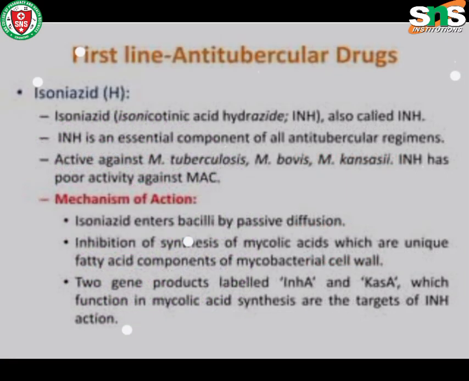Next, treatment. The first line of drugs. For the first 6 months, the patient will take orally antibiotics like isoniazid. The first 3 combination of drugs are rifampicin, pyrazinamide, and ethambutol.